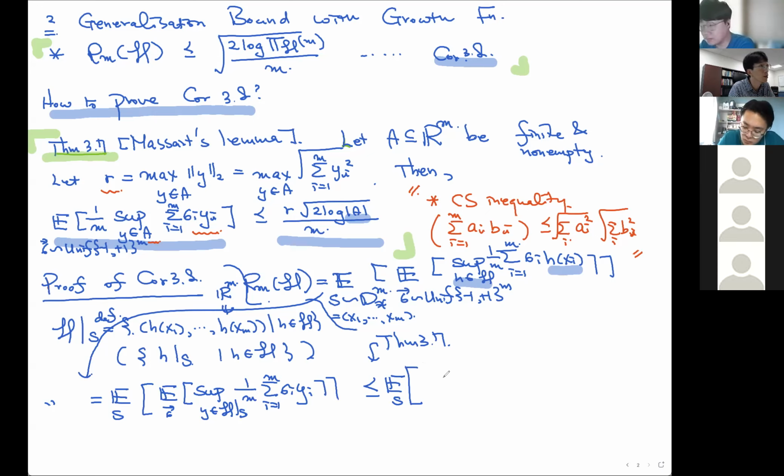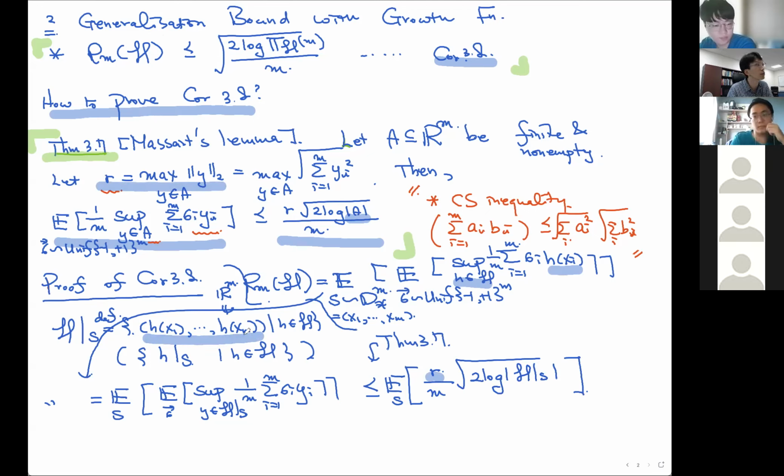Here we have something like R divided by m, times the square root of 2 times the log of the size of A, where A is the set H restricted to S. Now the question becomes, what is R? R was the maximum of the L2 norm of every element in A. Let's think about the L2 norm of this element.